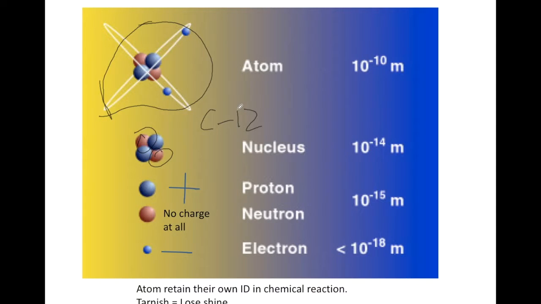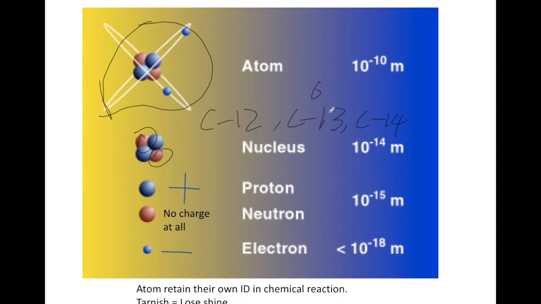Carbon's atomic number is 6. But there are also other isotopes of carbon, like carbon 13, carbon 14, and so on. So 7 neutrons can also hold together the 6 protons, because we're always sure that carbon has 6 protons.